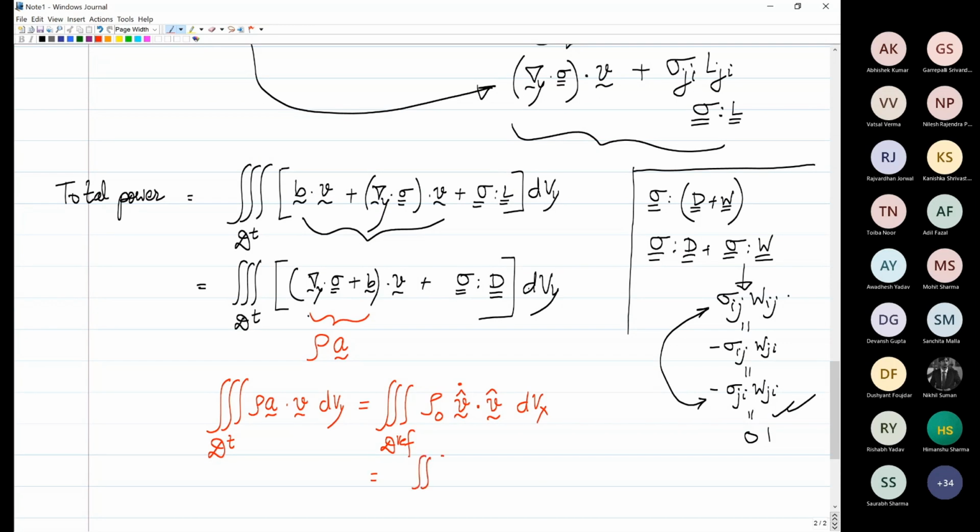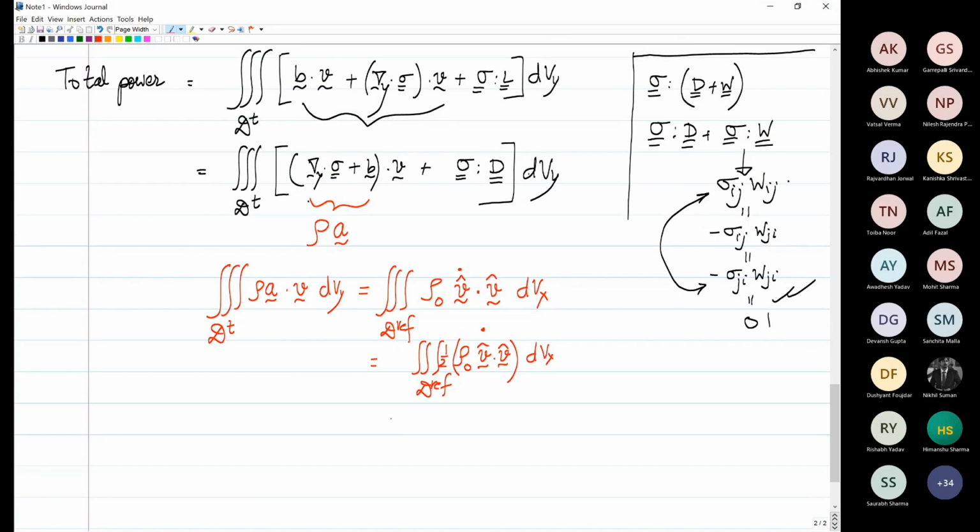Which is also equal to integral over d ref, and this is then rho naught. Can we say that it is half of rho naught v hat dot v hat, and then the whole thing you have a time derivative dvx.